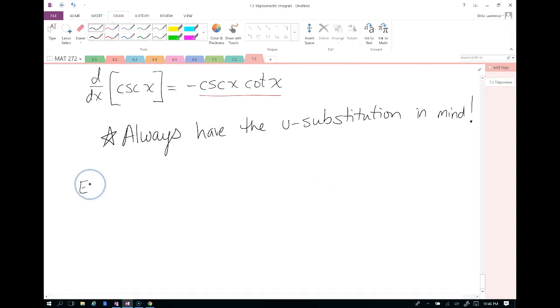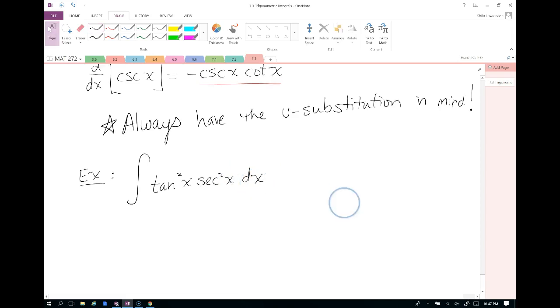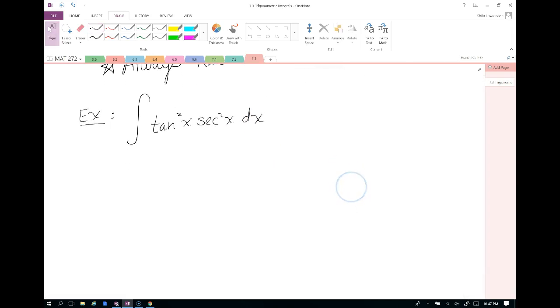So as an example, if we were asked to integrate tan squared x times secant squared x, we've got two options, and as you're first learning this, it might be helpful to write out your two options. Always think with the u substitution in mind.